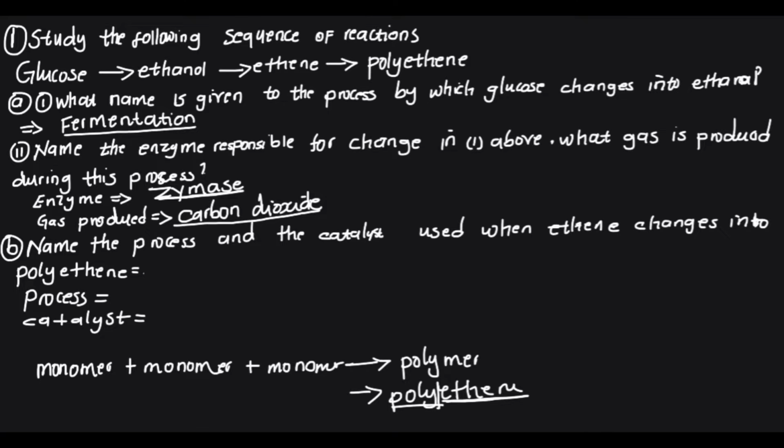This is what we call addition polymerization. So that is the process of forming polyethylene. Then we are told to give the catalyst during addition polymerization. The catalyst is Ziegler. So this is the catalyst that is used.